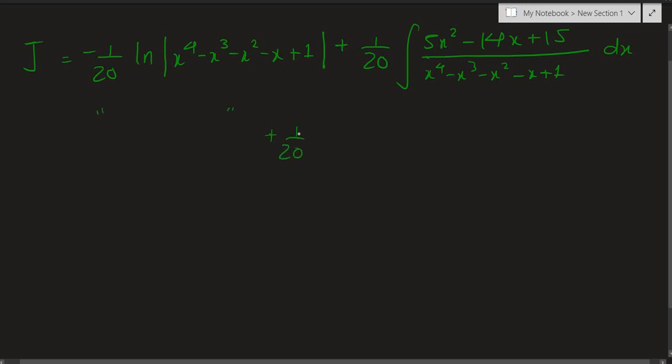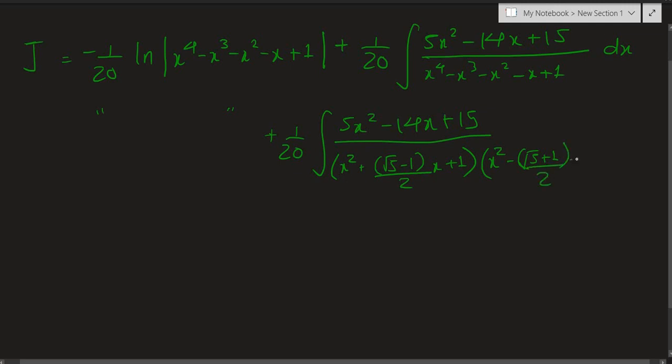We're going to have 1 over 20 times the integral of 5x squared minus 14x plus 15 divided by, and we can split the denominator as follows: x squared plus (square root of 5 minus 1) over 2 times x plus 1, multiplied with x squared minus (square root of 5 plus 1) over 2 times x plus 1, and don't forget this dx here.